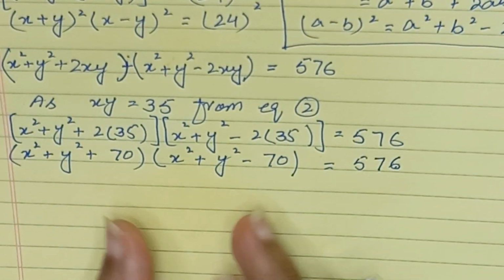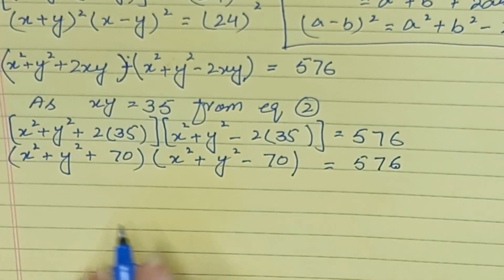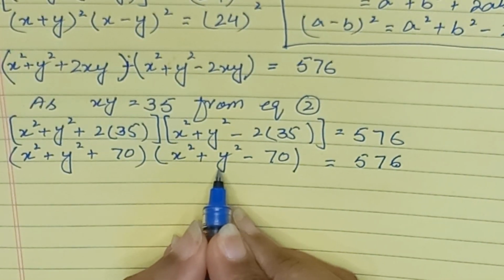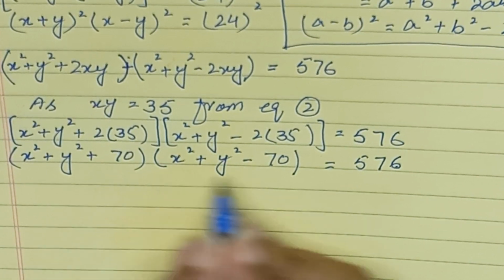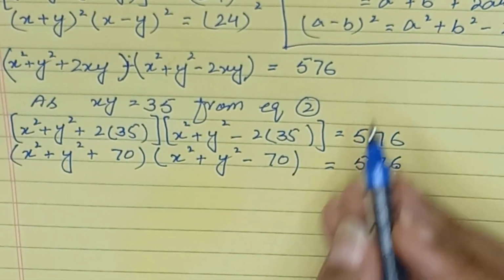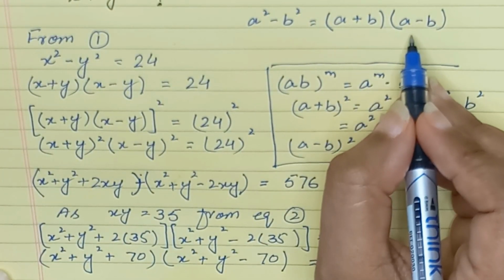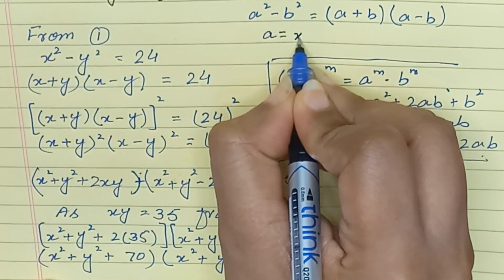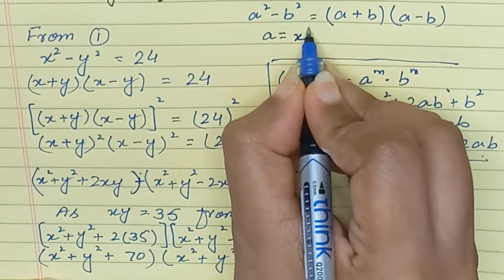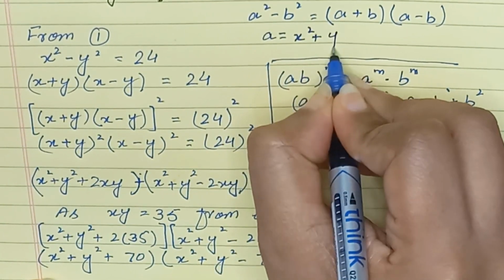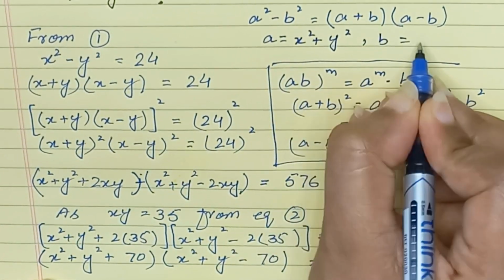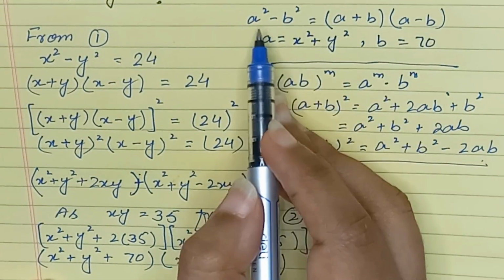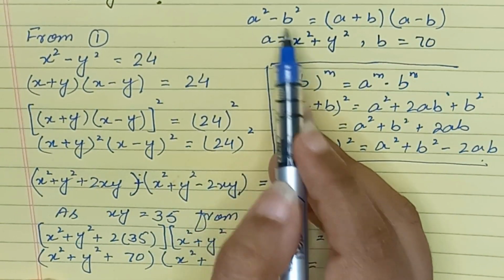If you see in this equation, here we have x square plus y square and x square plus y square, and here plus 70 and minus 70. Which is of the form (a plus b)(a minus b), and here a is equal to x square plus y square and b is equal to 70. So we will convert it into a square minus b square.